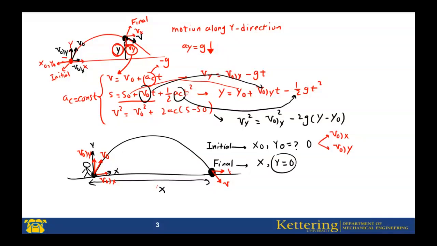It has one component along X called Vx and one component along Y called Vy. This Vx is equal to V0x. If you know those components, putting them into these equations, you can find the velocity or the height at any time.